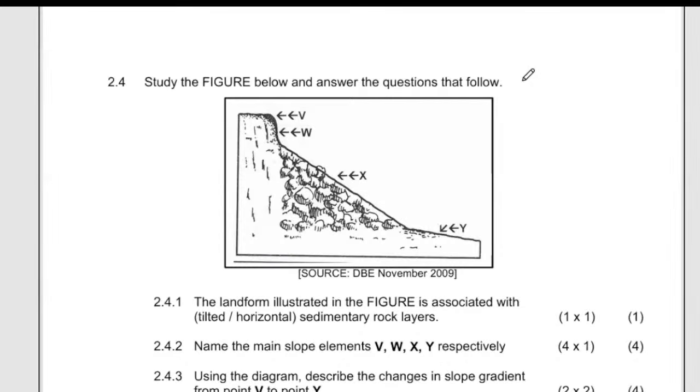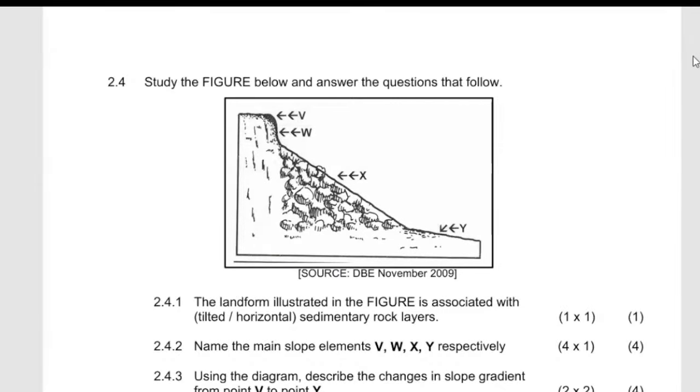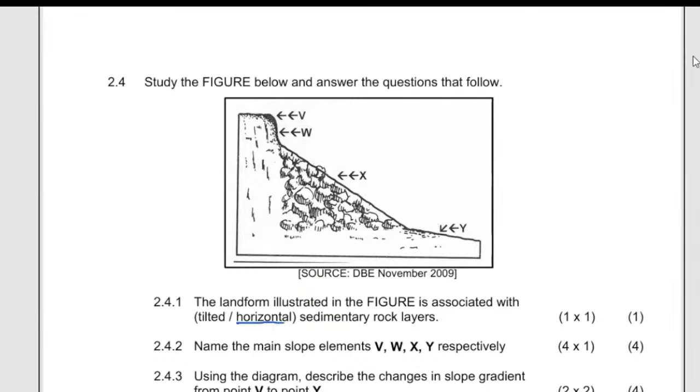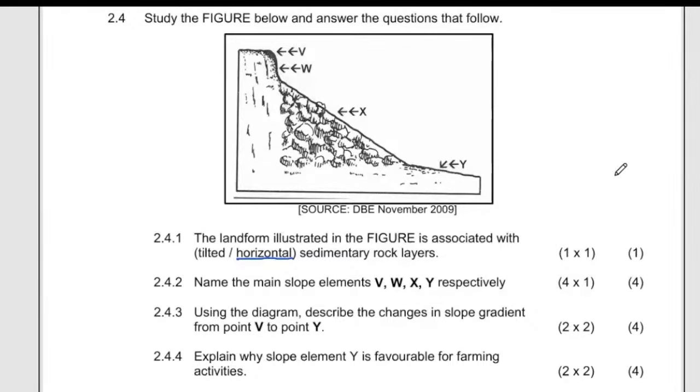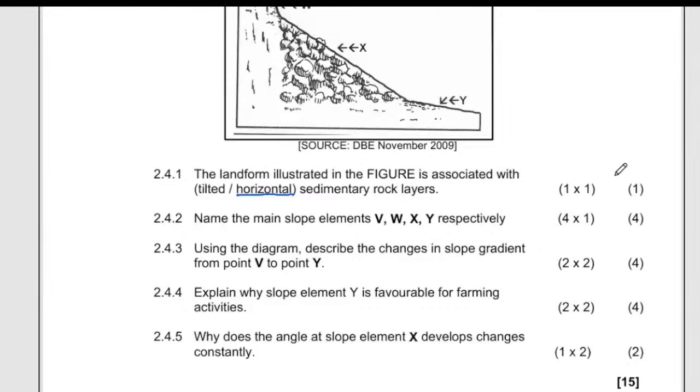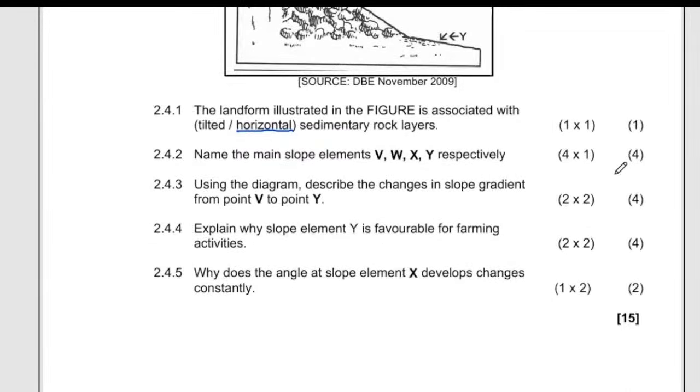By our analysis, you can figure out that this is a landform which results from horizontal sedimentary rock layers. Horizontal sedimentary rock layers are the ones facilitating the development of such a landform.